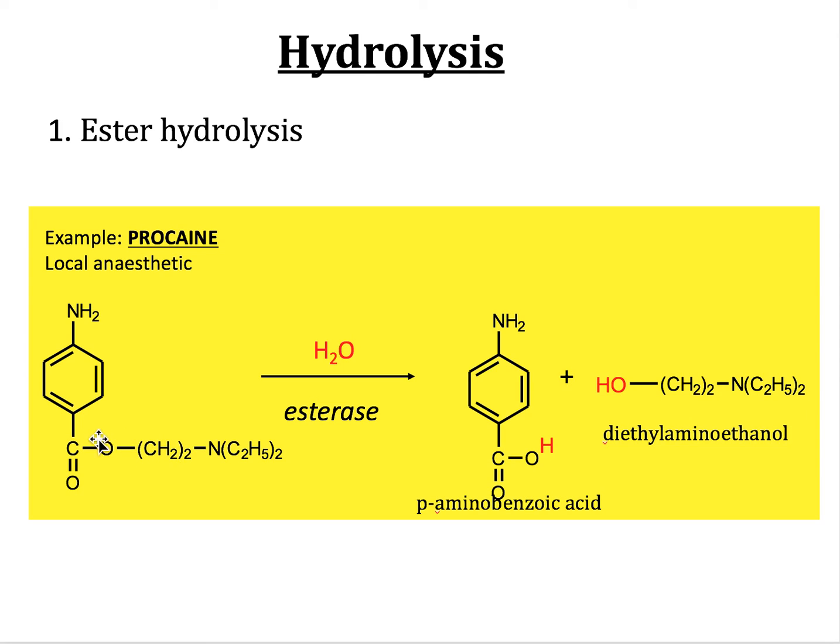So you break the bond here near the carboxylic side and you end up getting p-aminobenzoic acid, which is an example of a carboxylic acid, and you end up getting diethylaminoethanol. So this compound here is the active form, and this is catalyzed by the enzyme esterase.